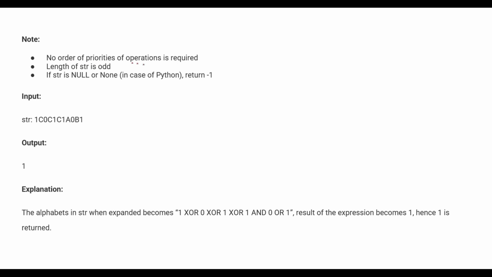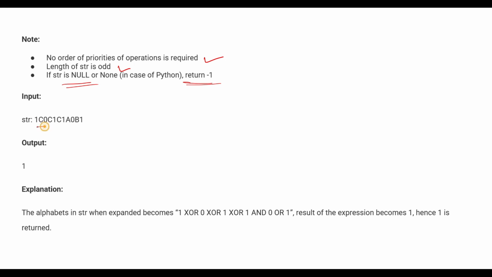No order of priority of the operations is required, so you can perform the operations from left to right as they come. The length of the string is odd, that is a must condition. And if the string is null or none, then return -1. So if the length of the string is 0, then we have to return -1.